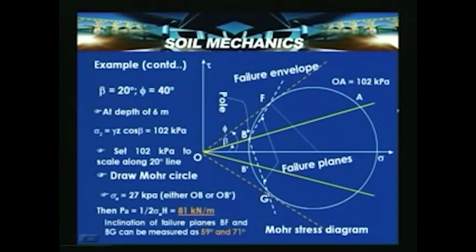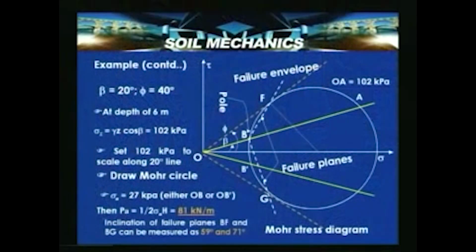So, OA is equal to 102 kilopascals. Represent with, say, 1 centimeter equal to 10 kilopascals, or some units, on the Mohr circle. From here, if you draw a line, the point where it cuts is the pole, which is generally drawn from the known stress on the Mohr circle. So, this is point B.